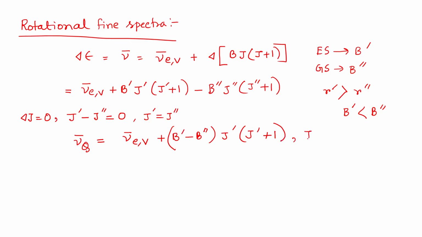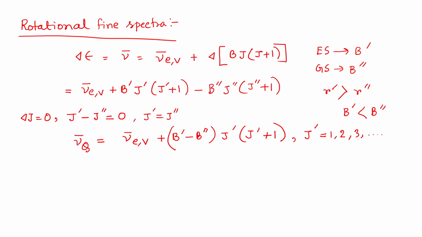Can you tell me what should be the value of J dash here? What are the possible values of J dash? It can take any values except 0. Very good. That can be 1, 2, 3, anything but not 0. So this is your Q band.